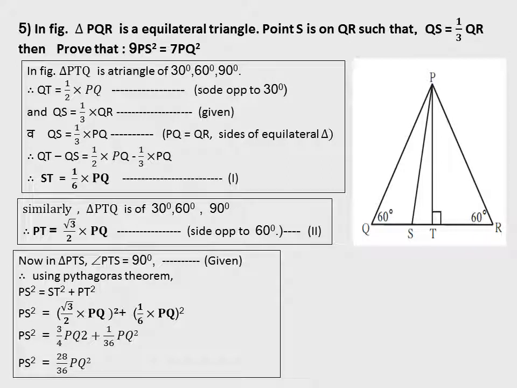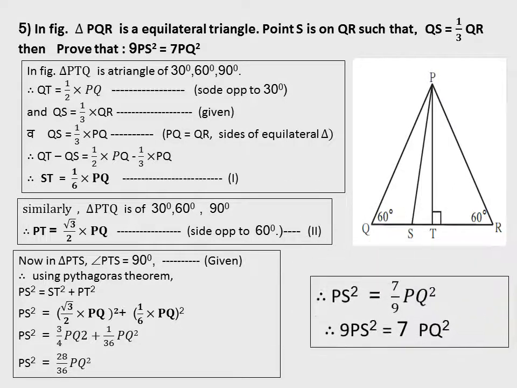So we get PS square equal to 28 upon 36 PQ square. 4 is a common factor in 28 and 36. So we get PS square equal to 7 upon 9 PQ square. And if we transfer that 9 which is in the denominator to the left hand side, we get 9 PS square equal to 7 PQ square. This was our 5th example.